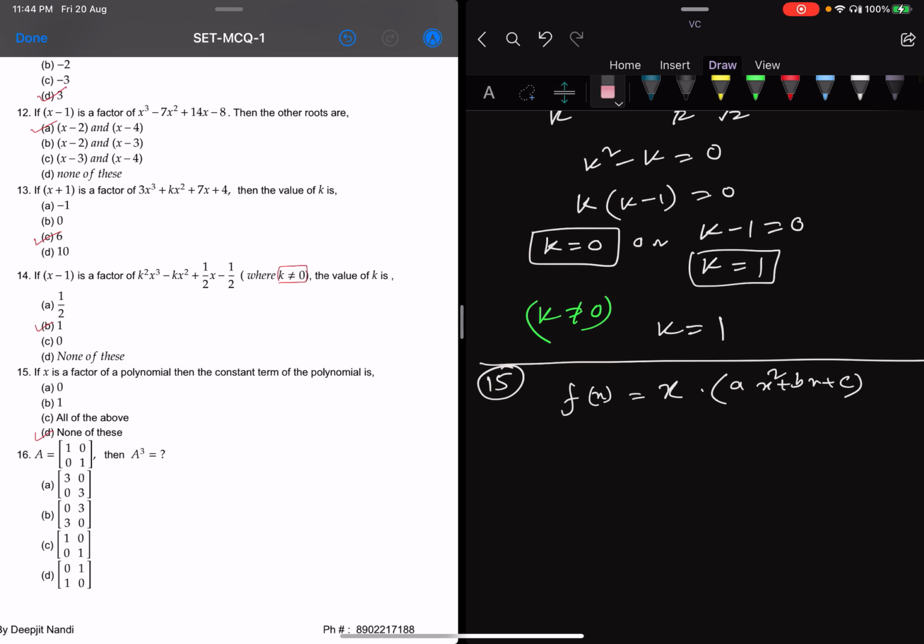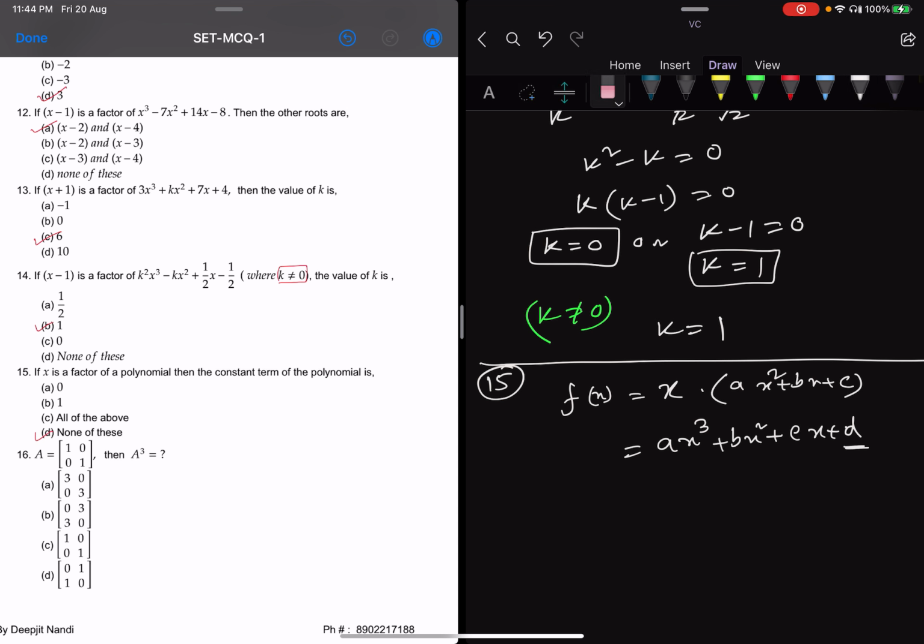Why? Because if x is a factor of a polynomial, then the constant term of the polynomial is, you can't say. There will be no constant term, because if there were a constant term, like ax cube plus bx square plus cx plus d, then for this you can take x common.